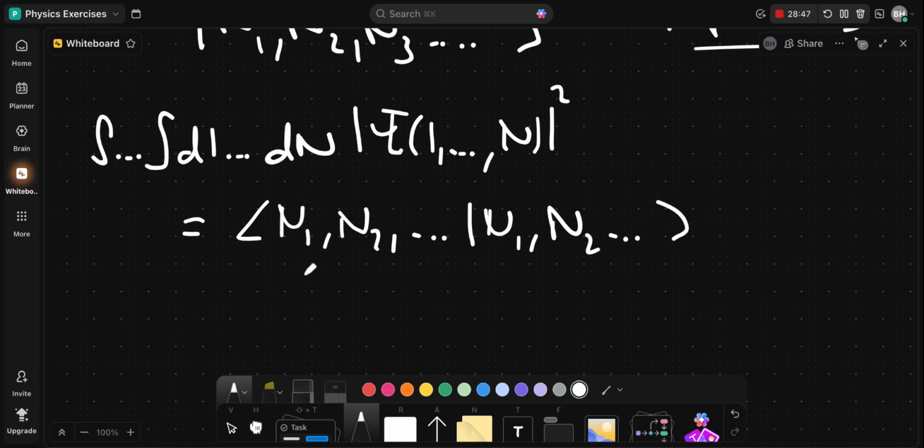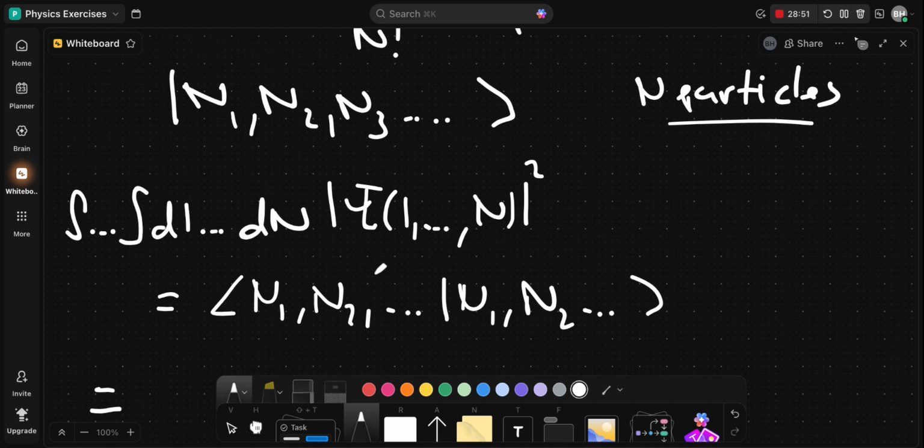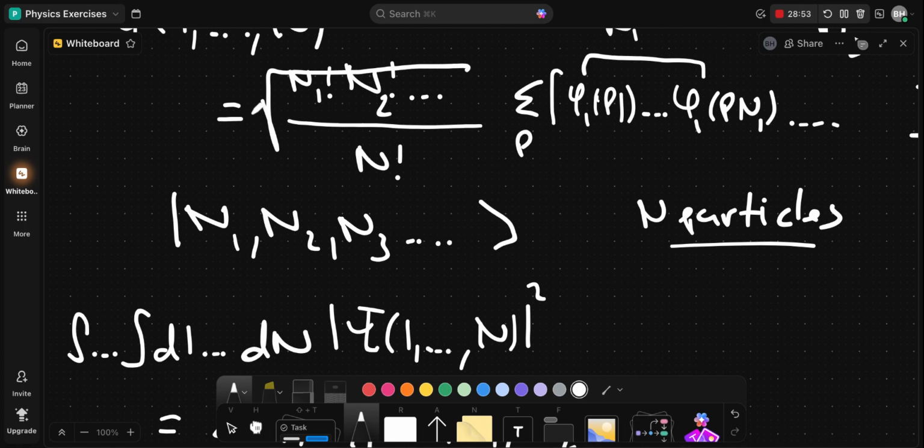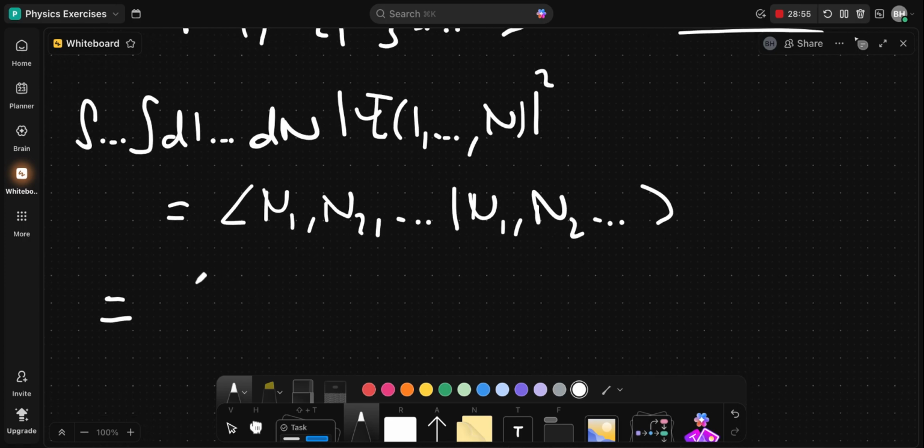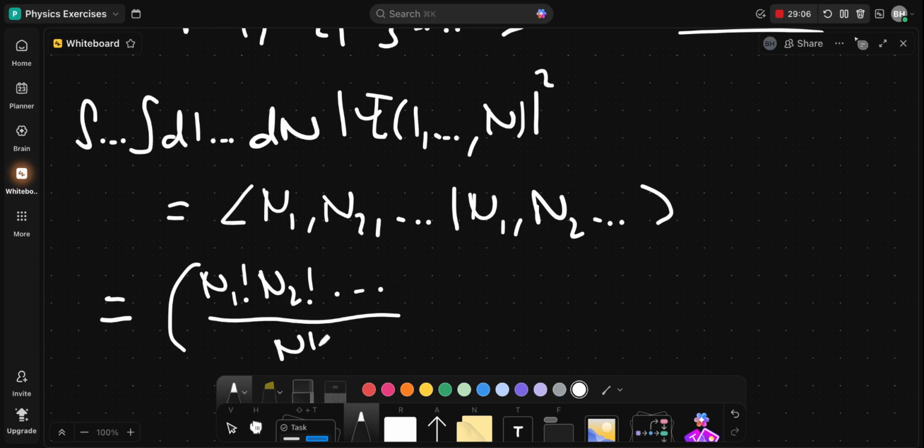And what do we have here? Well, first of all, we have to square the combinatorial part. That's that square root. So that becomes n1 factorial, n2 factorial, etc., divided by n factorial, and that's squared.